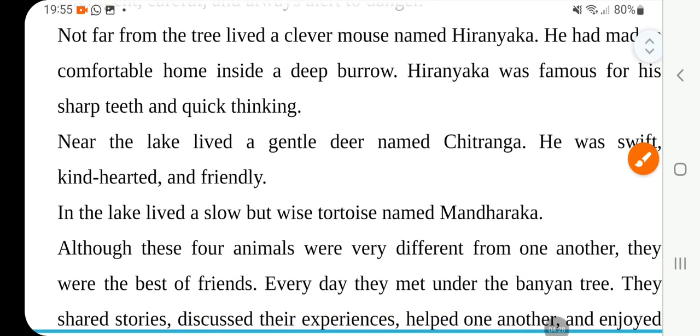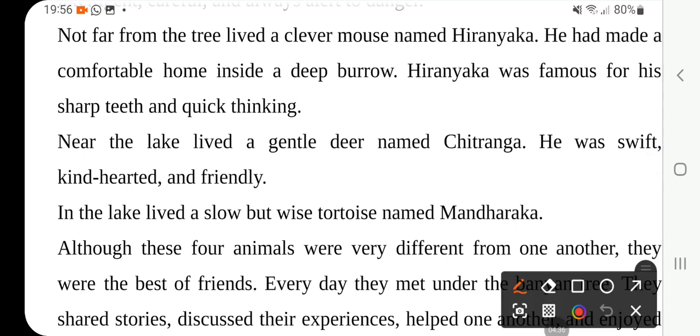Now, not far from the tree lived a clever mouse named Hiranyaka. The mouse's name is Hiranyaka, and the crow's name is Laghupatnak.